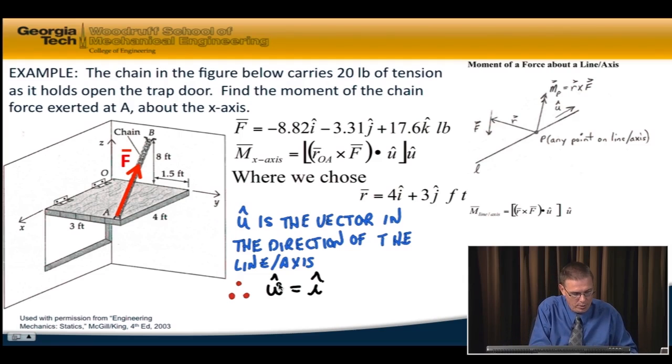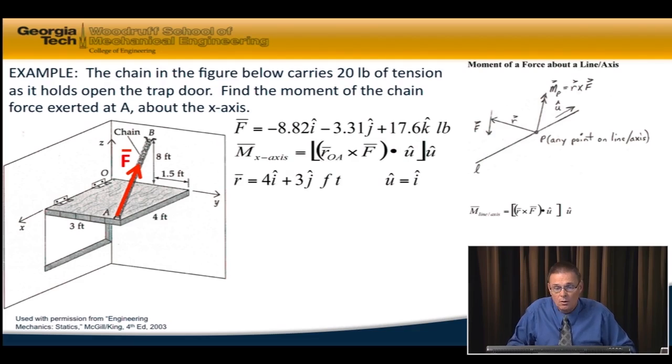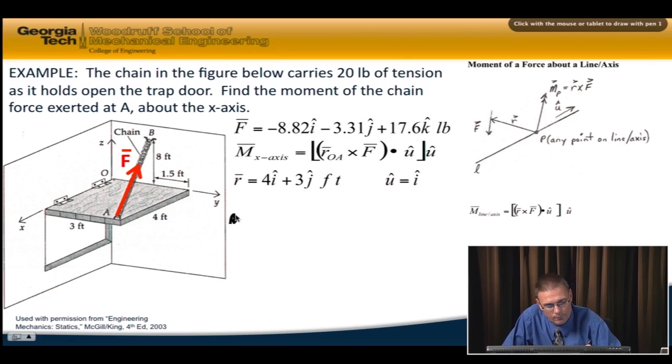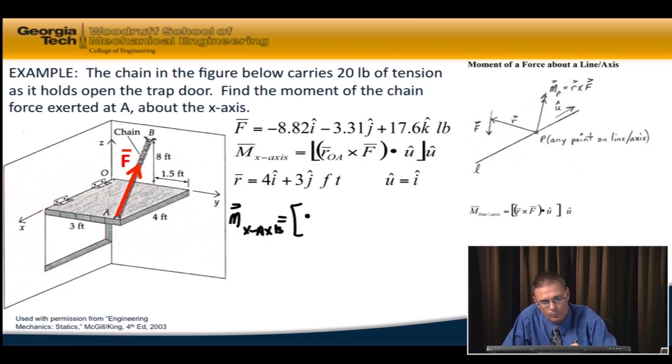Okay, so now we're getting towards the end of our problem. We now have the force vector F. We have the position vector from O to A. We have the unit vector u. And so all I have to do is substitute in, and so I've got the moment about the x-axis equals r from O to A, which is 4i plus 3j.